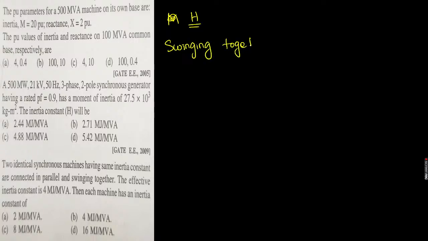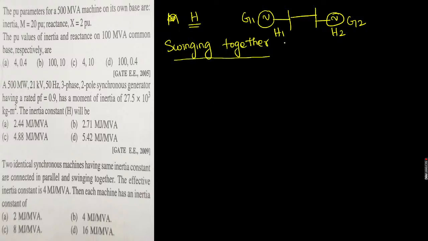Inertia constant when machines are swinging together, and when machines are not swinging together. Let us take, listen, there are two alternators. This is alternator 1, this is alternator 2, generator 1, generator 2. Both have inertia constants H1 and H2. If they are swinging together, vibrating in the same direction, then the net equivalent H will be the addition of H1 plus H2.